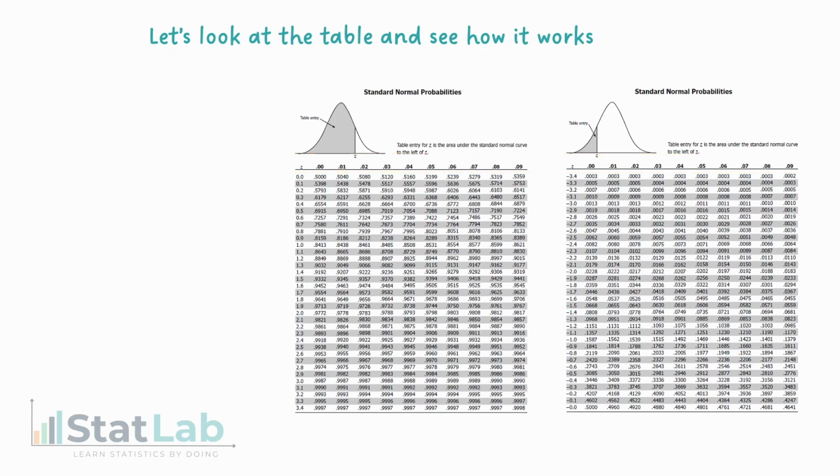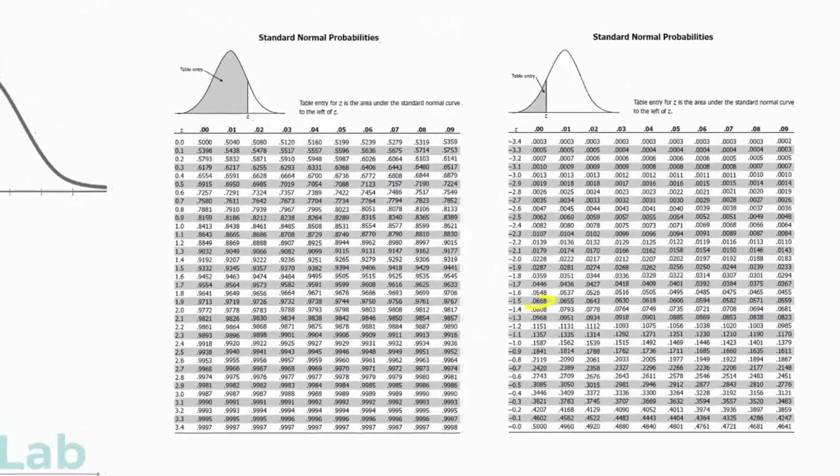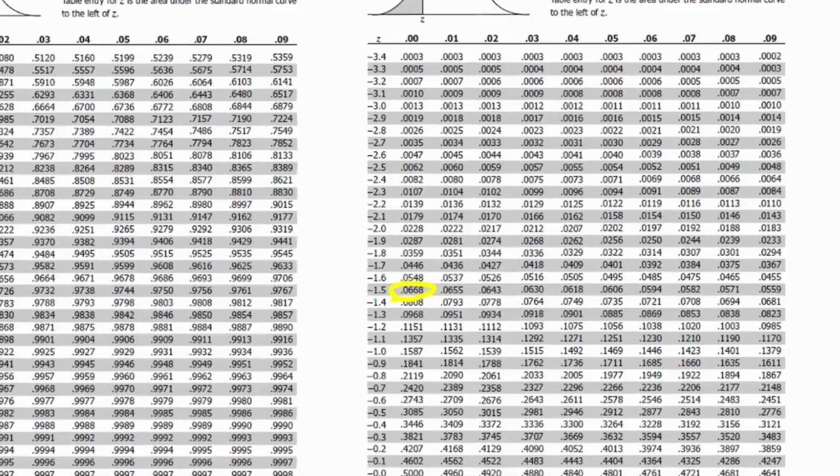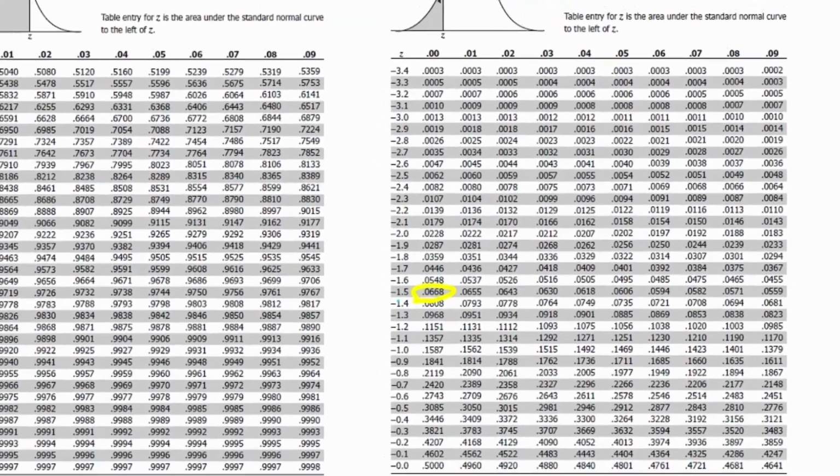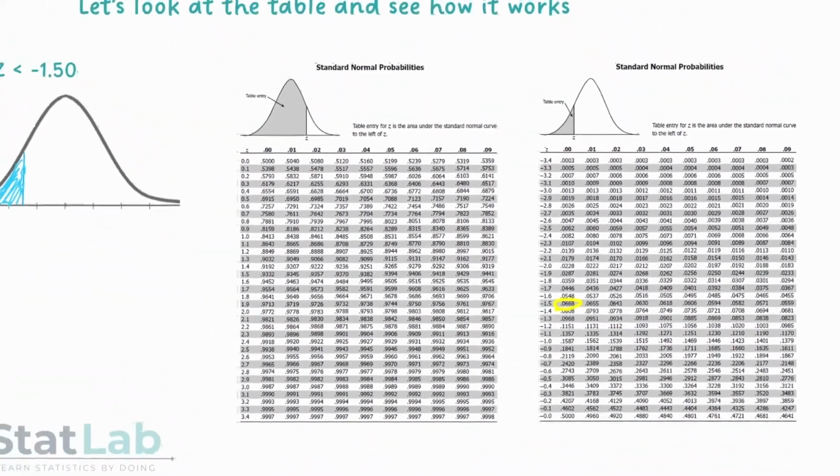So let's look at an example. In the previous slide, I mentioned z was less than negative 1.5. So we would draw our line at negative 1.50, and we would shade left because it says less than. Then we would go to the negative table, and we're going to find the line that says negative 1.5 and the column that says 0, because negative 1.50.